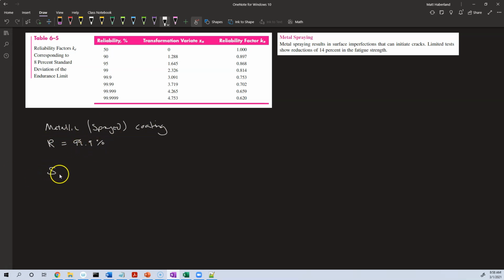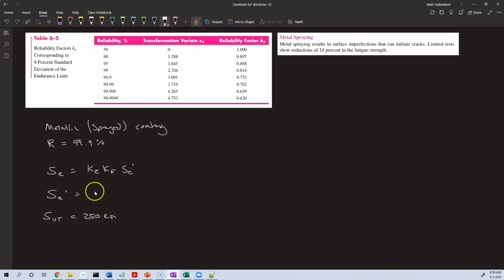If we wanted to find out the endurance limit, we're going to take our factors that we're going to have from these things. We're going to have a KE and a KF. KE for the reliability and KF for this miscellaneous effect. And we're going to multiply those by SE prime, the endurance limit of a perfect specimen. So let's start out by finding SE prime. Well, we have an SUT, ultimate tensile strength, of 250 KSI.